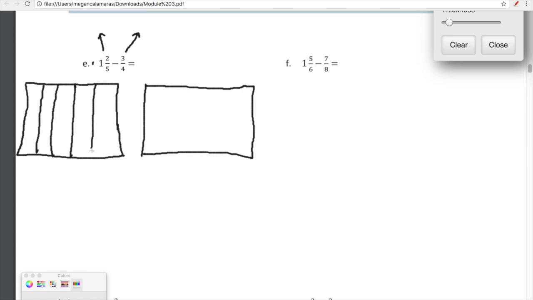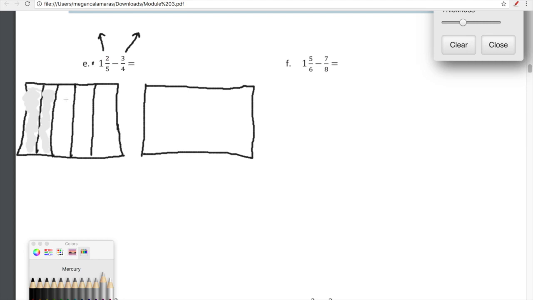And we're going to shade in all of the equal parts because it's 1 whole. Let me choose another color here. How about gray? We're going to shade in 5/5 because 1 whole is equal to 5/5.